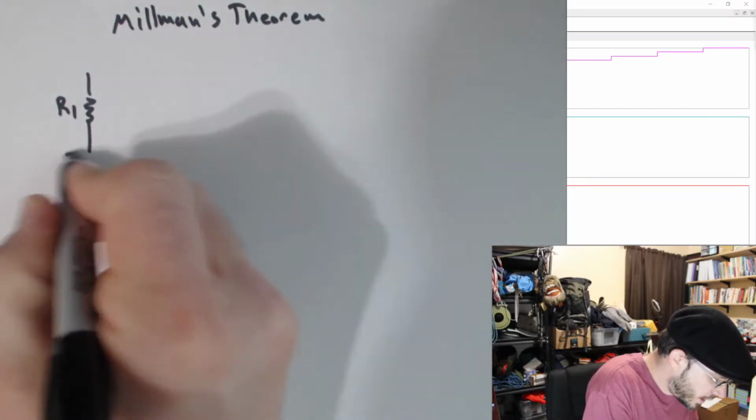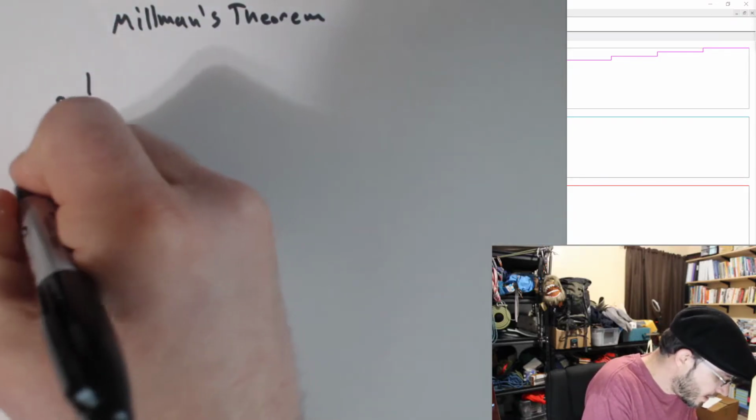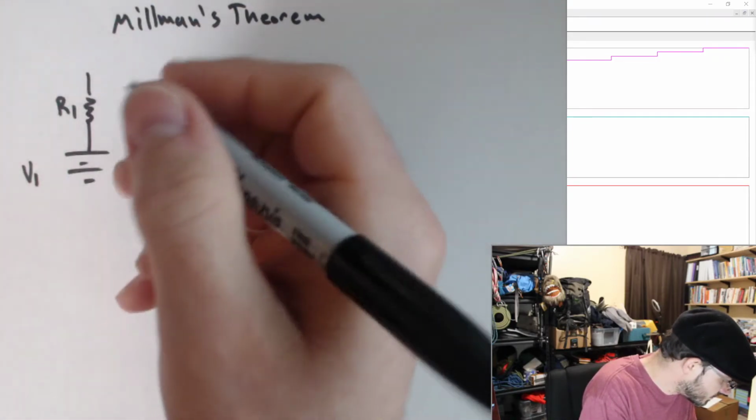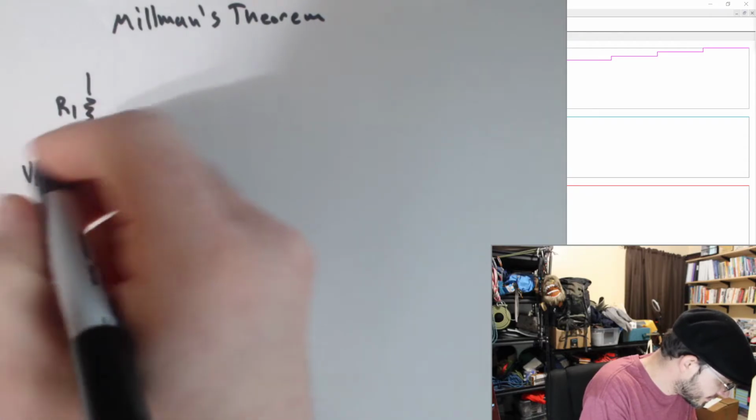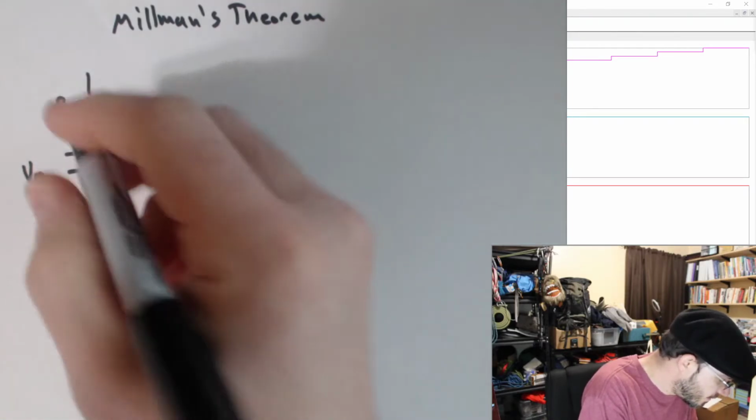Okay, so in general, Millman's theorem, let's call this R1. And we have a voltage VB1.